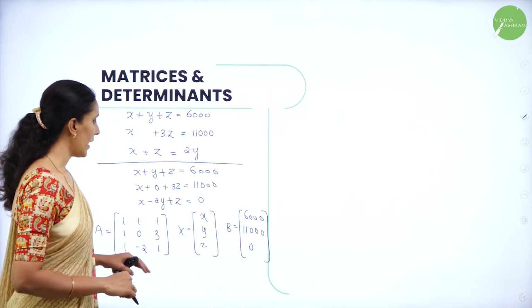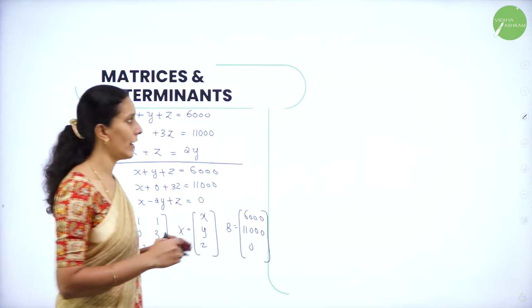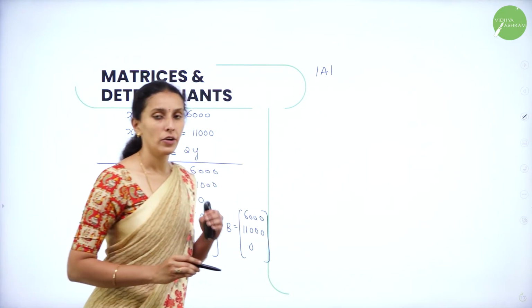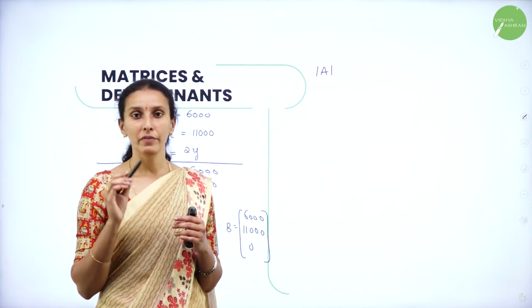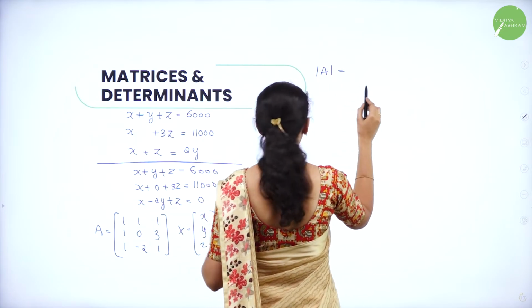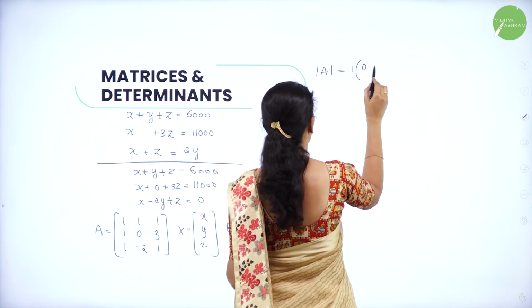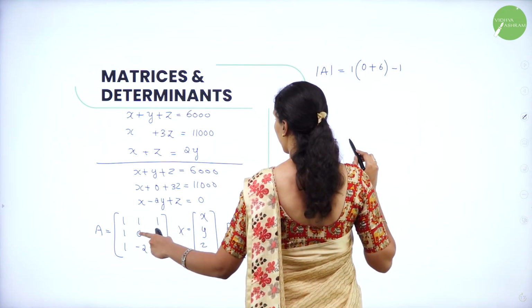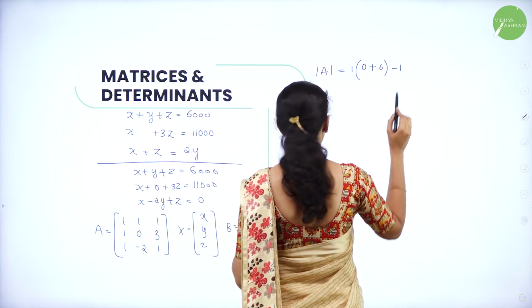After writing A, X, B, we need to calculate the value of the determinant. So why do we need to find the determinant value? To show that A inverse exists. So now let's write the determinant A. So for 1, it is 0 plus 6. And for the second one, minus 1, it is 1 minus 3.